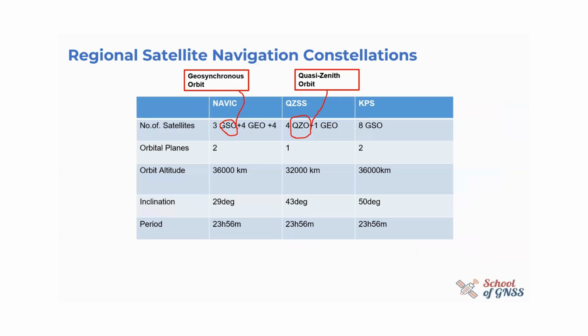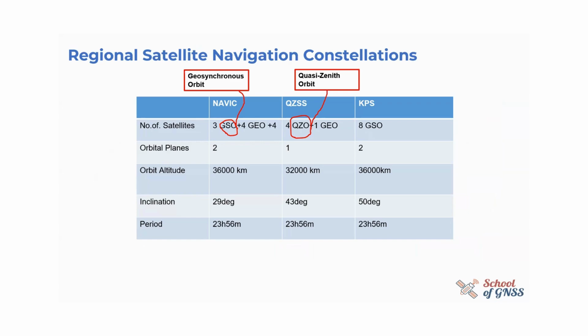Now let's talk about the table: the number of satellites, orbital planes, orbit altitude, inclination, and the period. For NAVIC, 3 satellites are in geostationary orbit, 4 in geosynchronous orbit, and 4 satellites are about to launch.